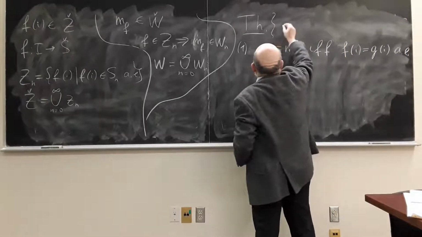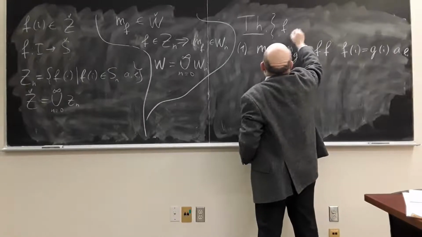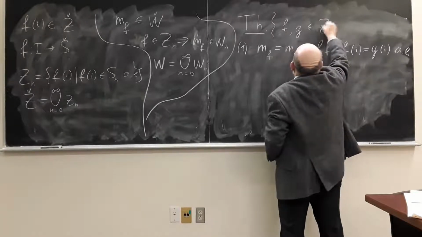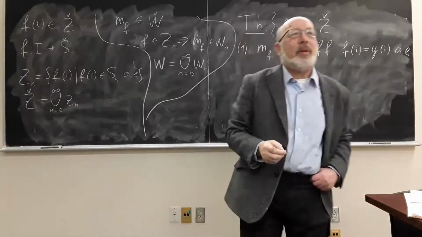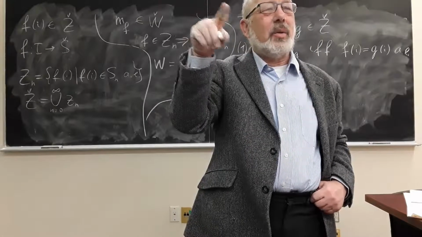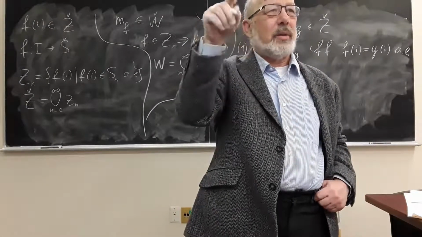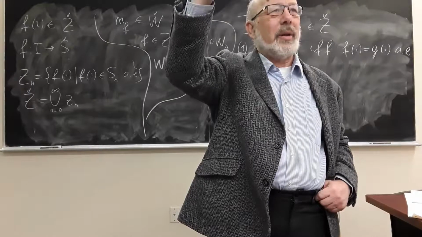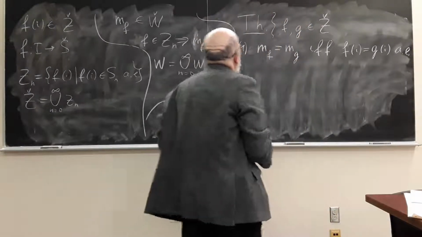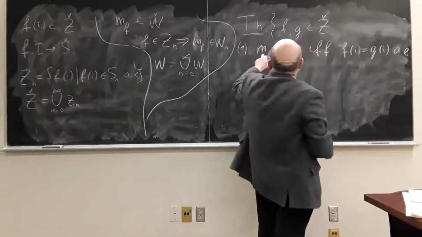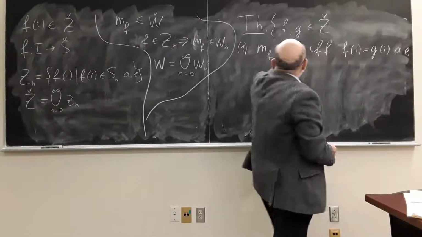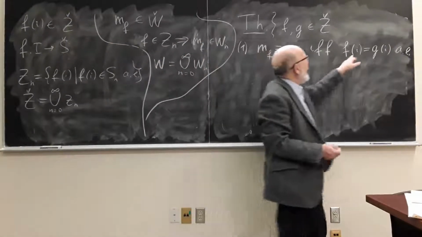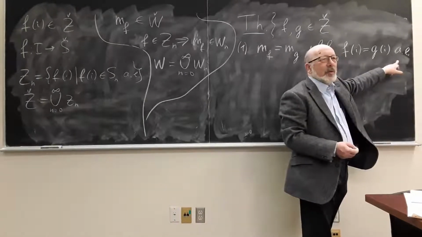In all cases, F and G belong to Z. Now, if they belong to Z, they belong to some Zn. F belongs to Zn1, G to Zn2, so automatically both belong to Z of the maximum of n1 and n2. And so in this case, MF equals MG in the sense of this definition if and only if F of I equals G of I almost everywhere.